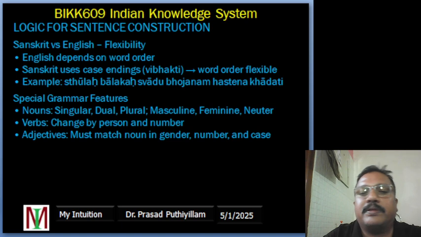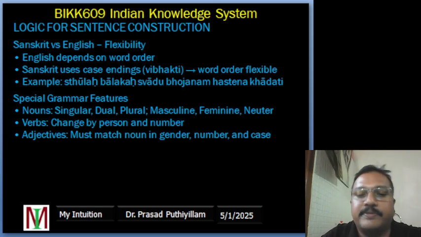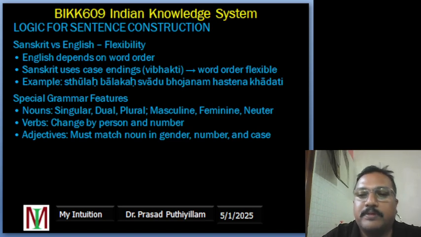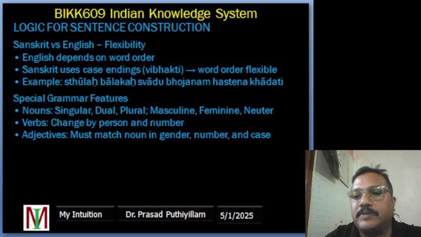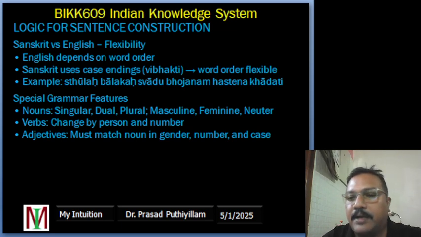So even if we move the words around, we can still understand what it means. Now see some tools which make it possible. That is nouns in Sanskrit: how many, one, two, or many. For example, Balaka, that is one boy.